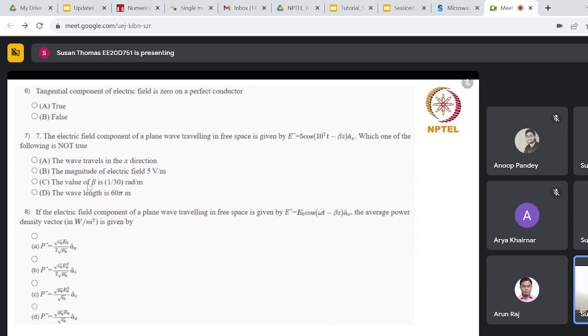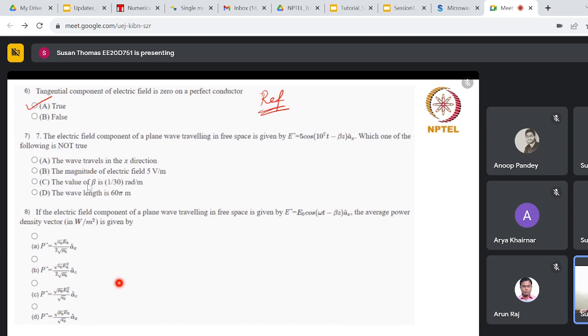What do you think, true or false? It's true. Yes. So the tangential component of the electric field is 0 on a perfect electric conductor. Yes, it's a true statement. If you have any doubts, please refer to the boundary conditions in electromagnetic field theory.